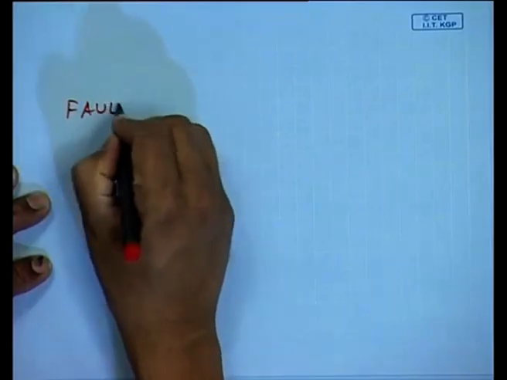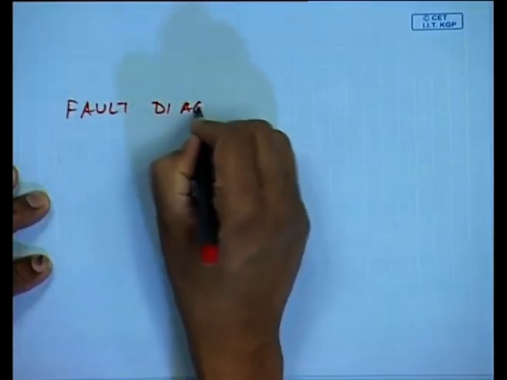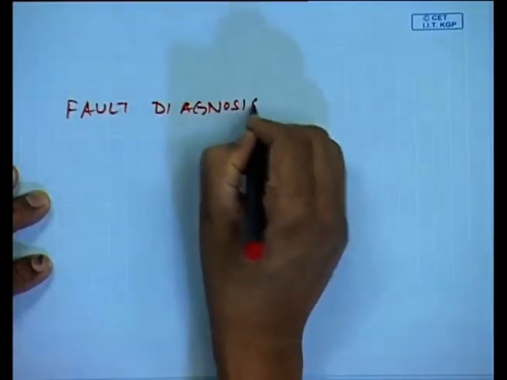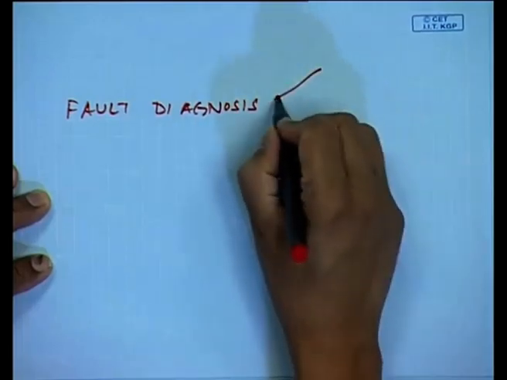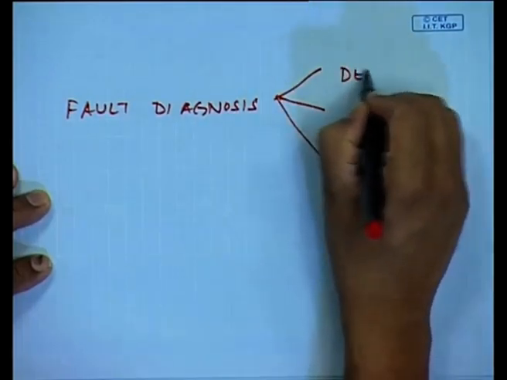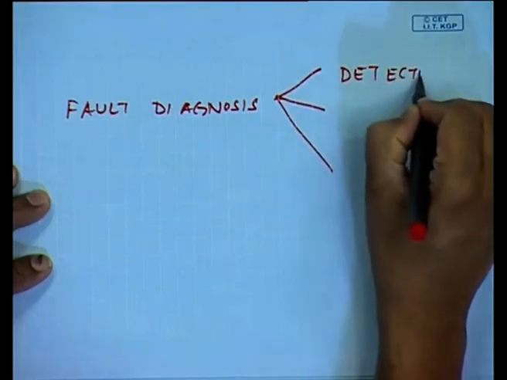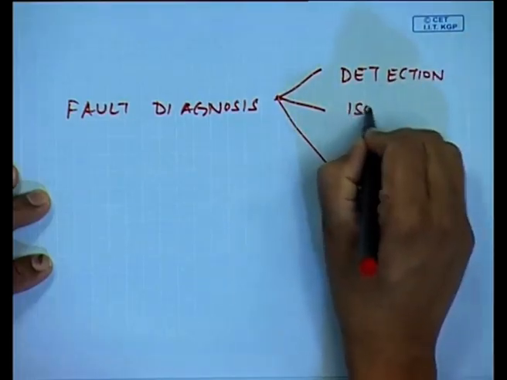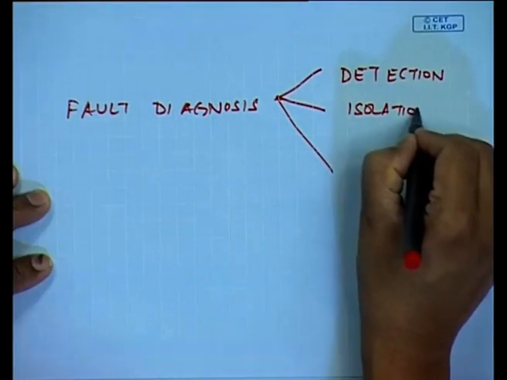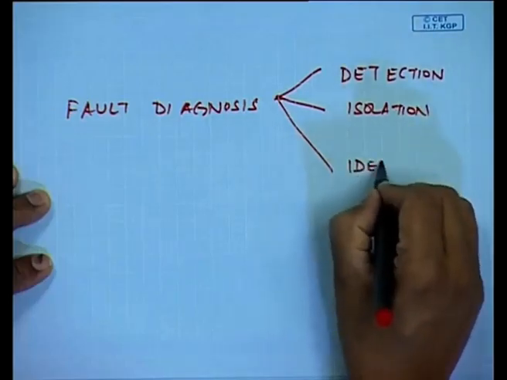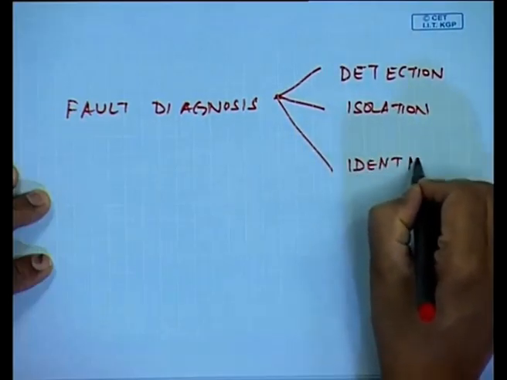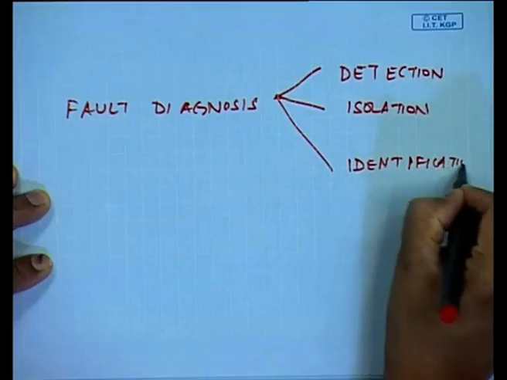Fault diagnosis has three important components: one is detection, another is isolation, and another is identification.